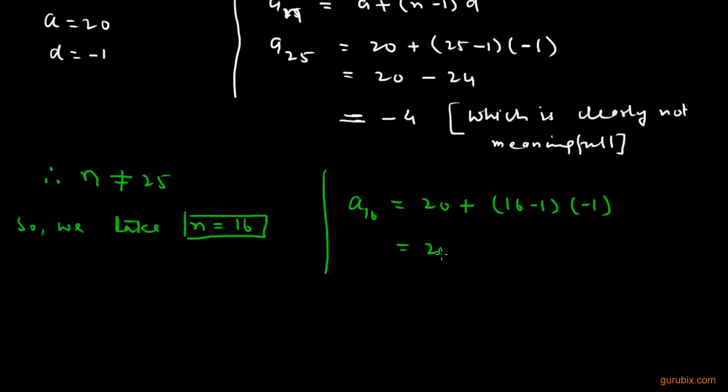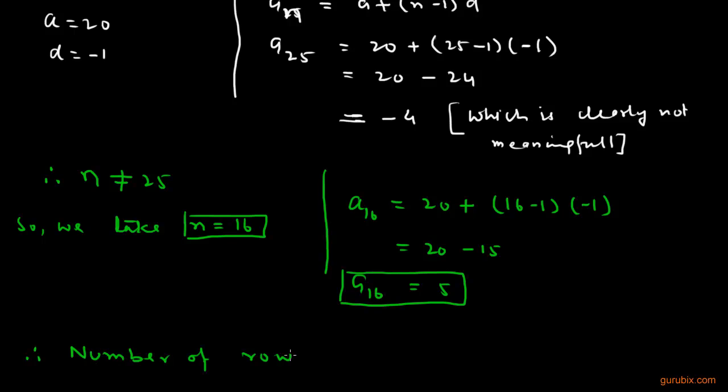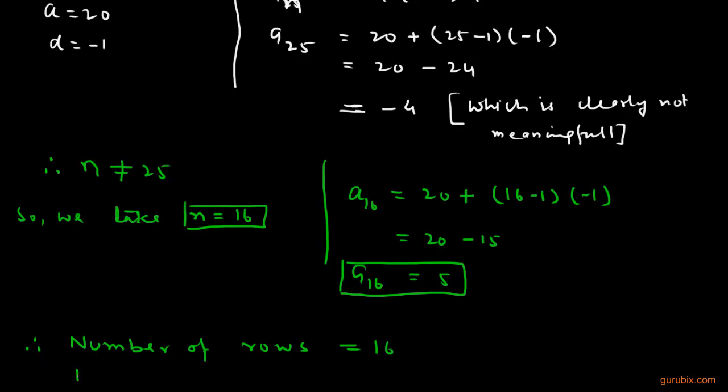So this is 20 minus 15 equals 5. Therefore, the number of rows equals 16 and there are 5 logs in the top row. This is the solution of the question. Thank you.